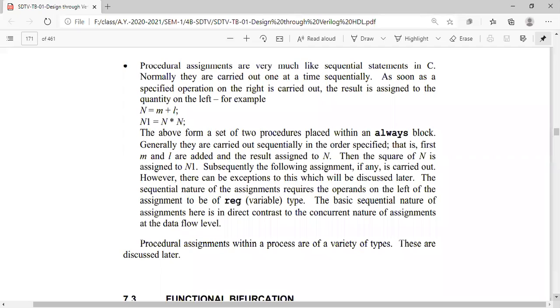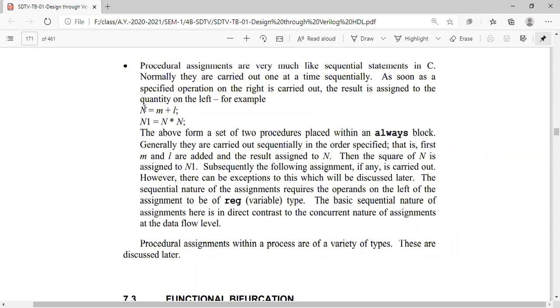So you see here, n is equal to m plus l, and n1 is equal to n multiplied with n. So this statement has to be executed in sequence only. Here you get the value of capital N from m plus l, right?